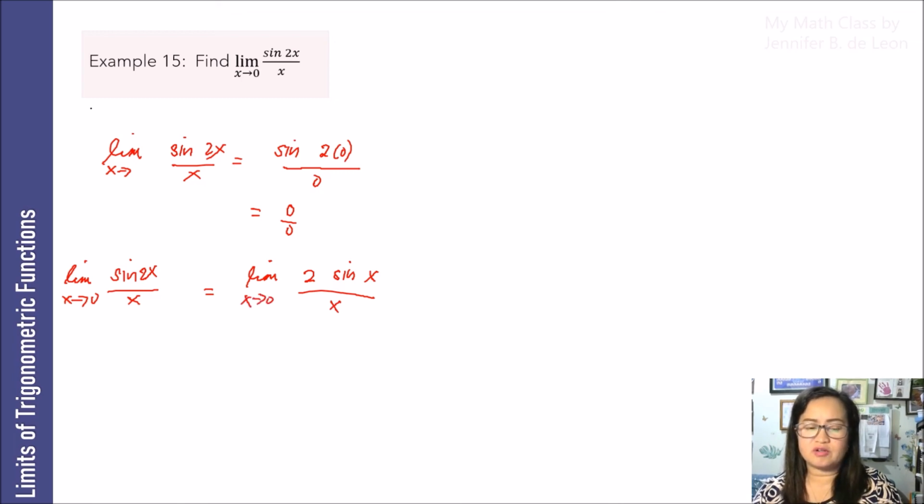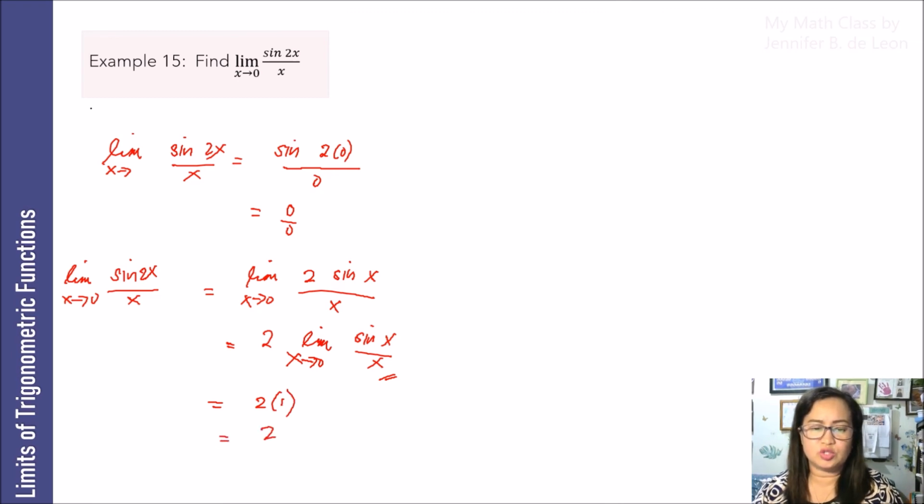Since we have a constant, we will have 2 times the limit of sine x over x as x approaches 0. We know that this expression is equal to 1, so we can just say that it's equal to 2. The limit of sine 2x all over x as x approaches 0 is 2.